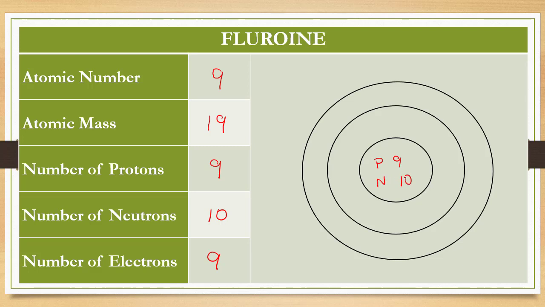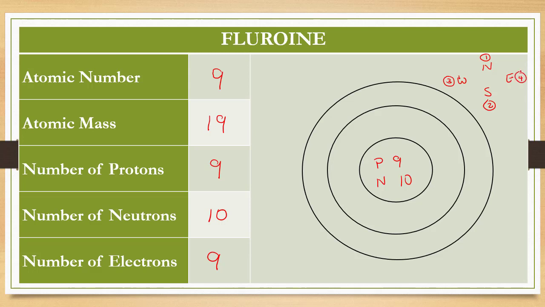Okay. Now remember, when drawing electrons, we're following the compass orientation. So I'll draw it out again because we've got more electrons here than we did in our last example. North, south, west, and east. 1, 2, 3, and 4.